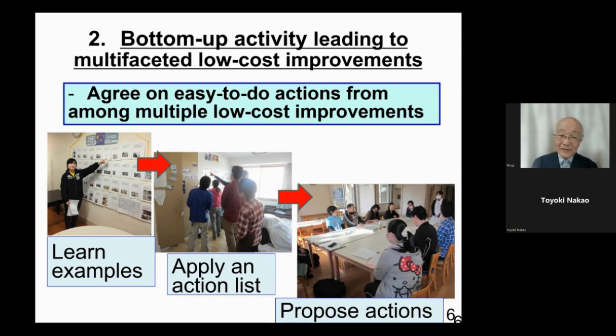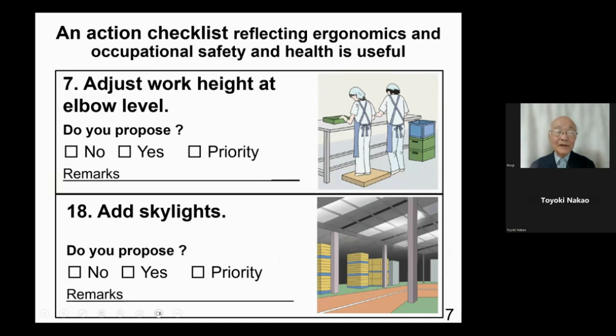The group work will lead to proposals of immediate actions, and that can be implemented by the joint agreement of the participants. This process is simple but action-oriented and can be followed nicely by many kinds of workplaces.